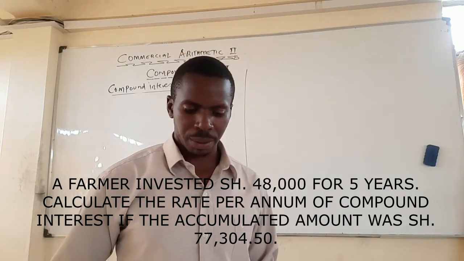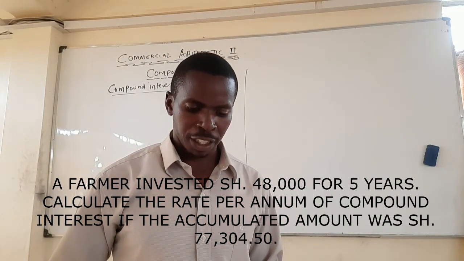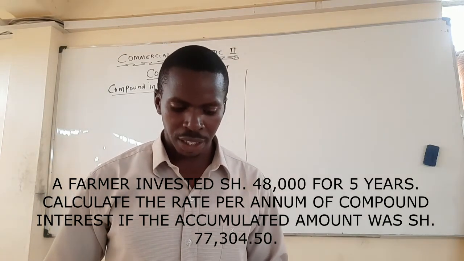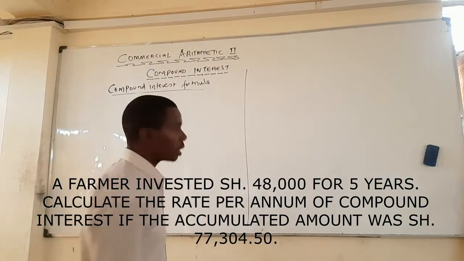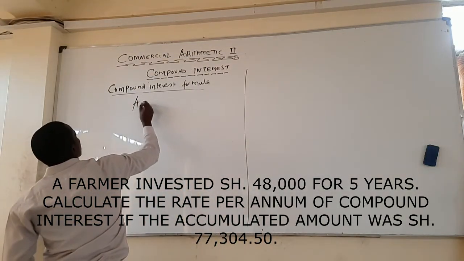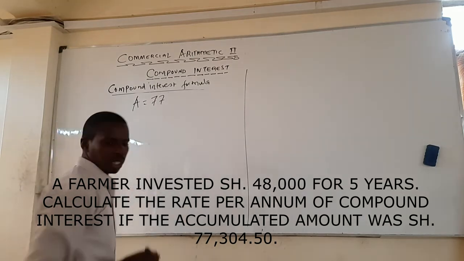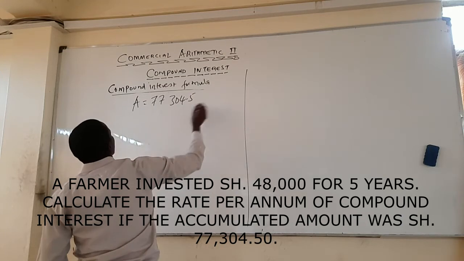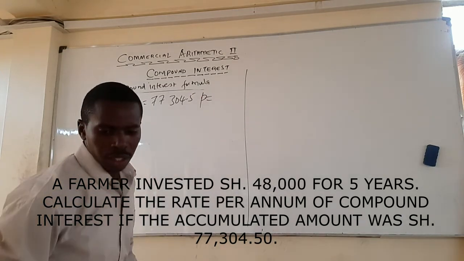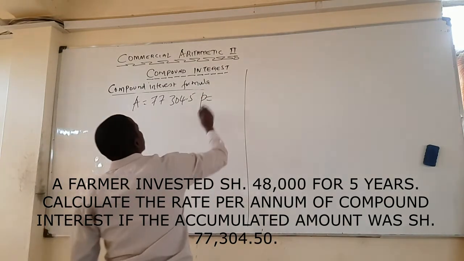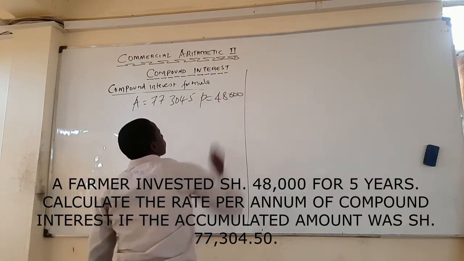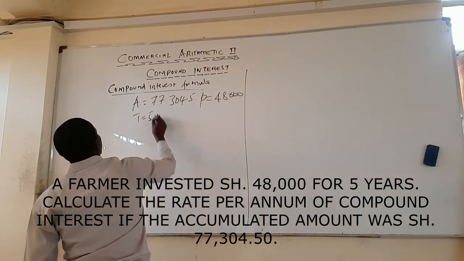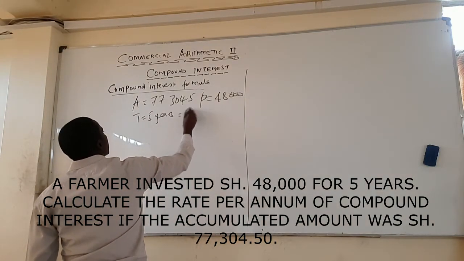So in this case, you have the principal, you have the amount, we have the time, we need to get the rate. So we've got amount is 77,304.5. The principal that was invested was 48,000. And then the time, we have 5 years. So we need to get the rate.